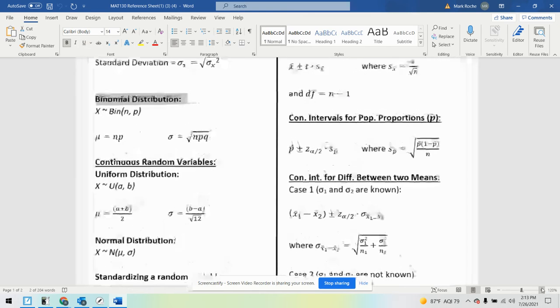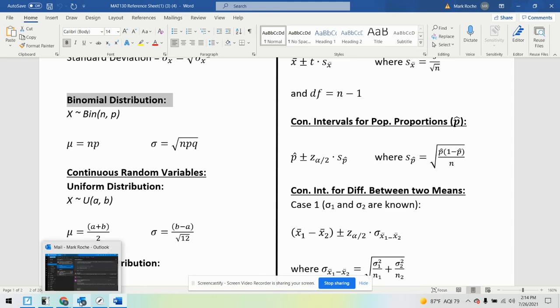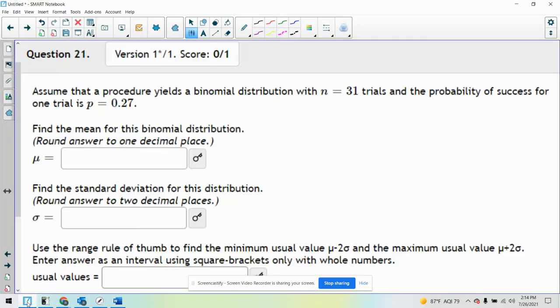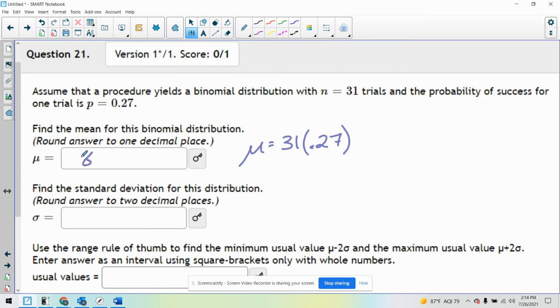Here's how you find the mean and sigma for a binomial distribution. The mean mu is just going to be 31 times p, 0.27. That's 8.37. One decimal place would be 8.4.